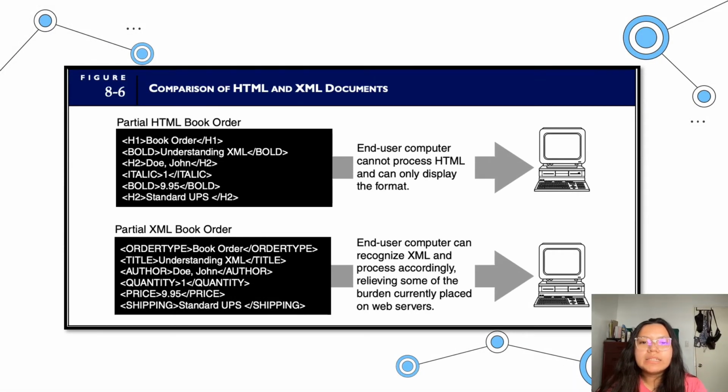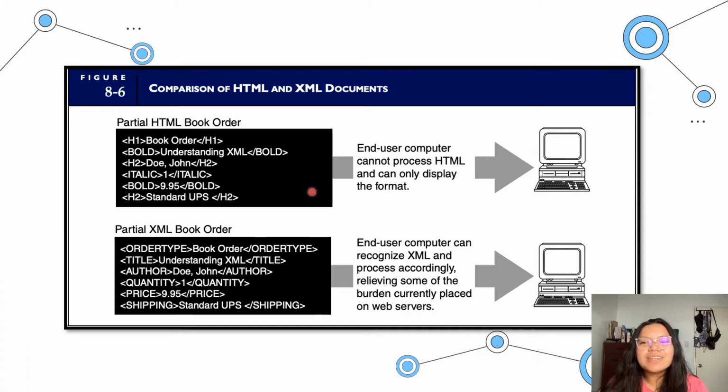So, in this slide, here is an illustration for a further explanation. As we can see, we have the HTML here and the XML here. Here in the HTML part, we can see that it's more in a format. It's the size, the fonts, italicized or bold, ganon.